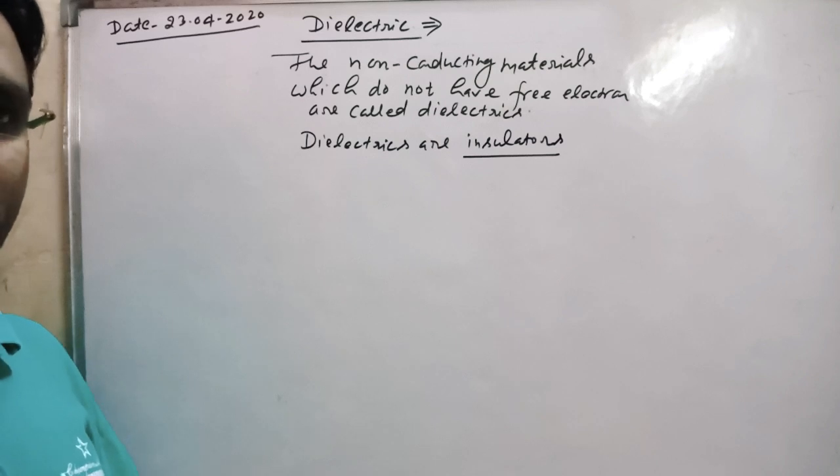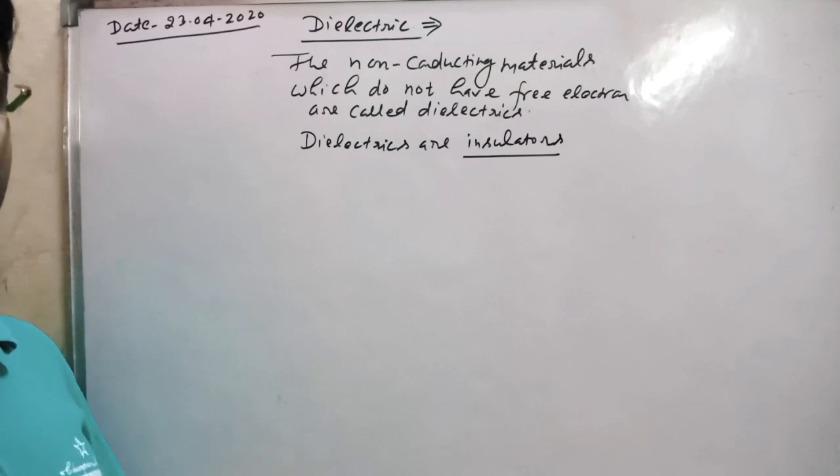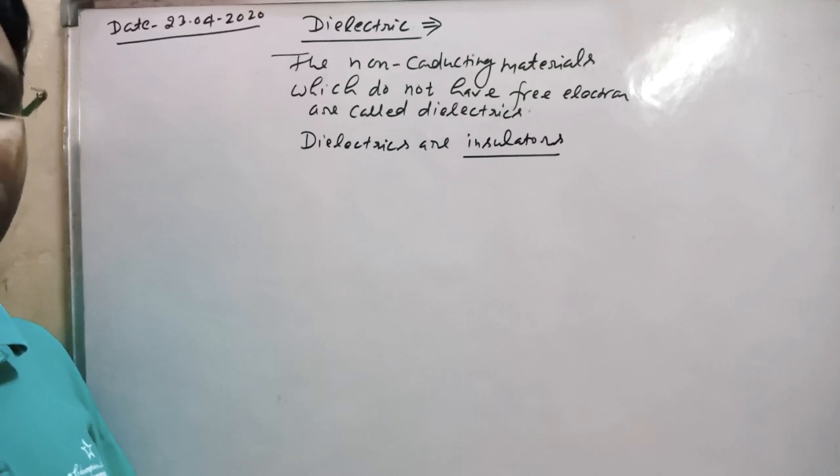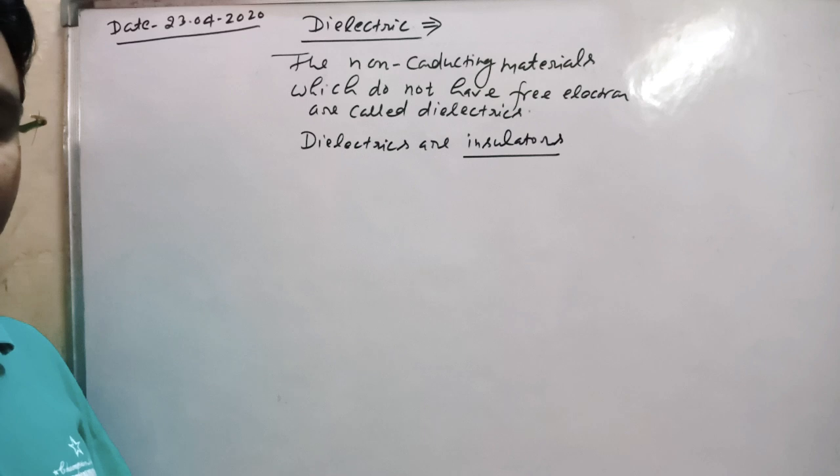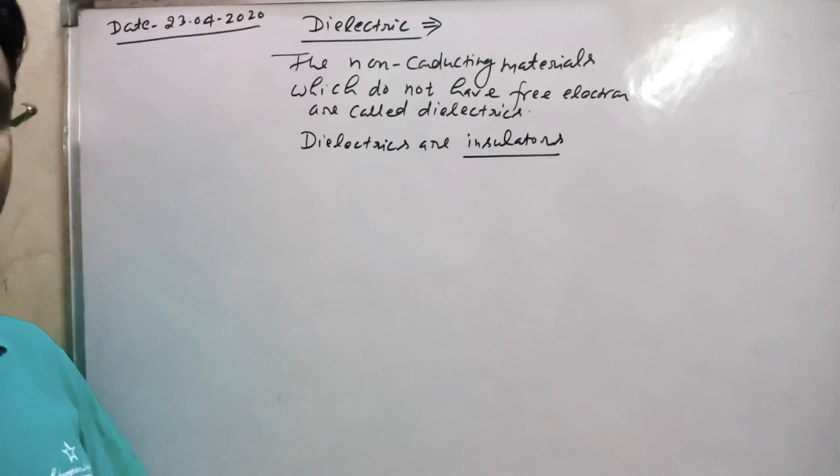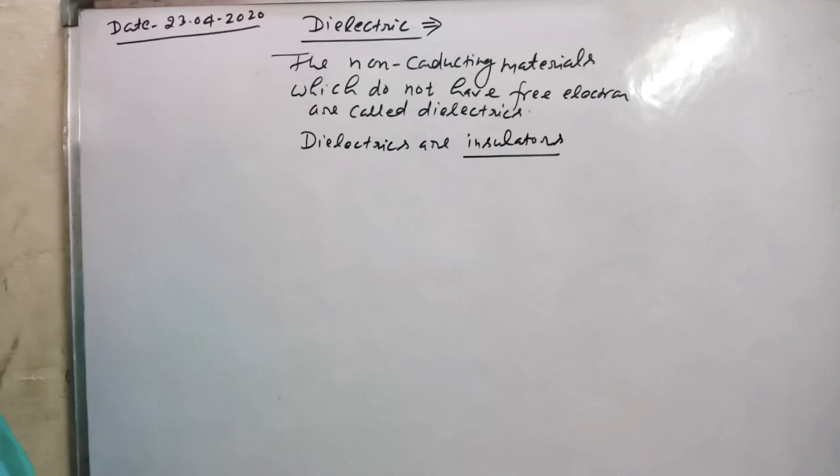That means there is an internal field produced in the dielectric. This field is called the induced field. This induced field is opposite to the applied external field, hence the net field decreases. That means a dielectric is used to decrease the electric field intensity.